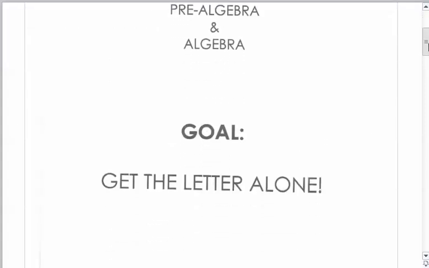Well, in pre-algebra and algebra, I'm going to pretty much say that the goal, most of the time, is to get the letter alone. In other words, to solve for a variable. Now, when I say solve for a variable, it really does mean, so I'm going to put this on here, this says solve. If you see solve in the directions, it means to find the value of the variable.